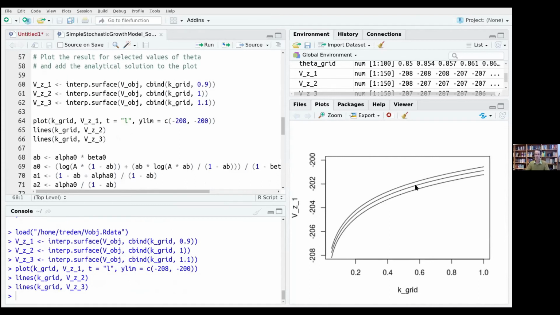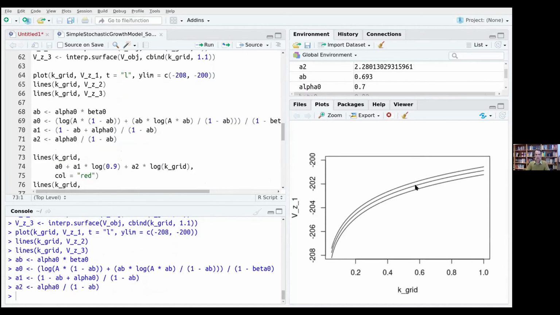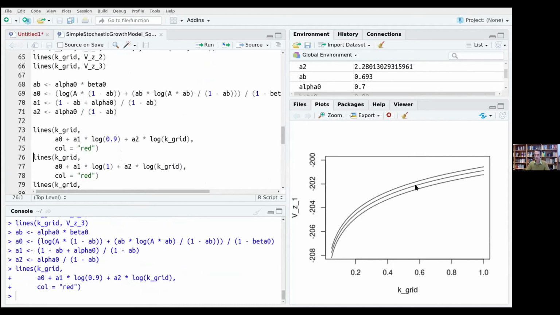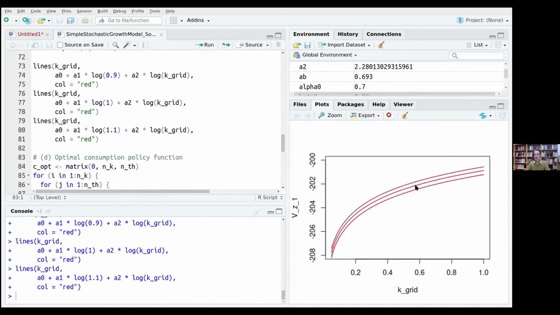So these are the three cuts through the value function. And then we just add the analytical solutions. These are the red lines, and you can see that the numerical solution actually gives the right answers. We know the right answer in this particular example because it's solvable analytically. Normally we don't, but here we do.